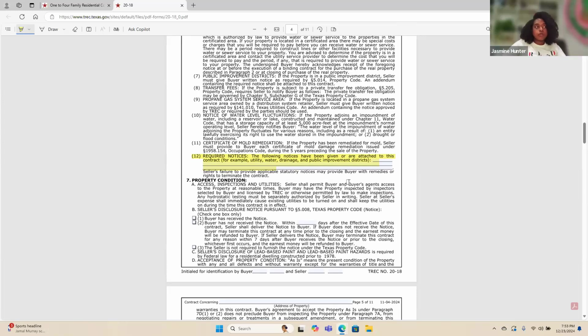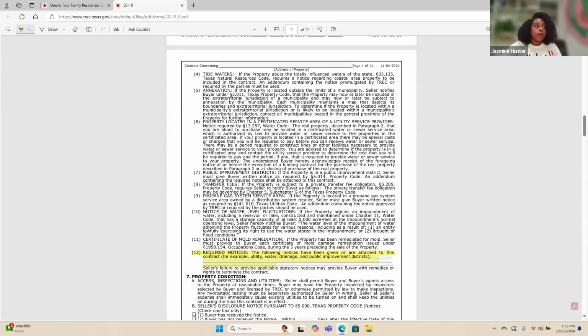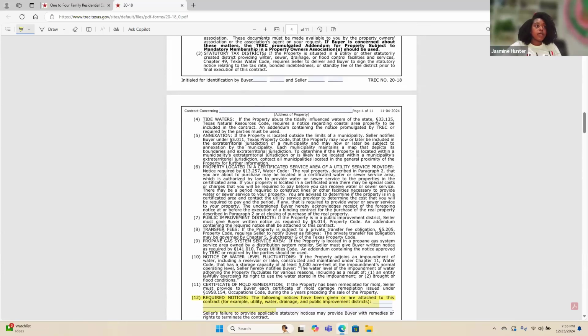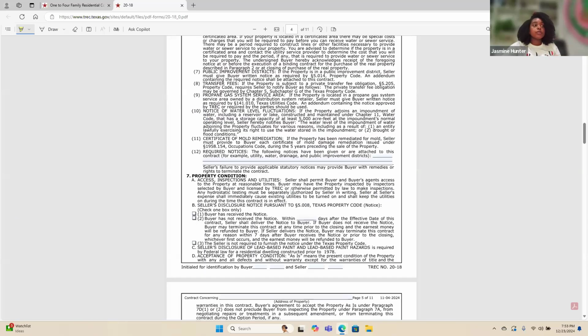That's what this space is for, and it gives you examples right above: statutory tax districts, annexations, property located in certified utility districts, PID districts, propane gas systems, transfer fees. These are just other forms that you're going to find on the Trek website. If you utilize any of them, they have made a space here for you in paragraph 6E12 to write out which one of these notices you're using.